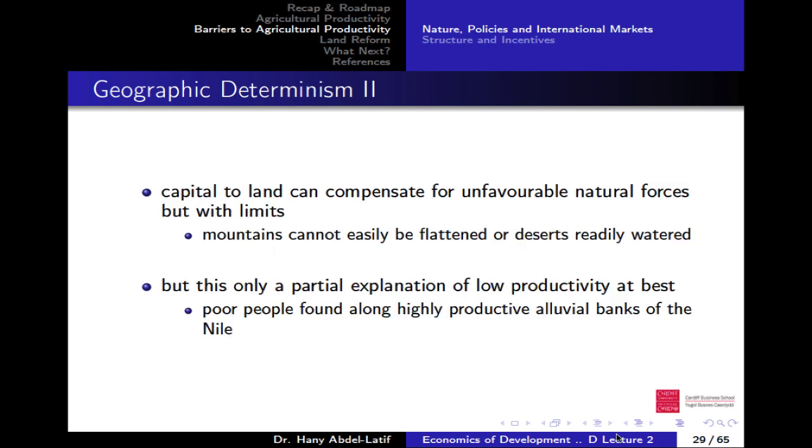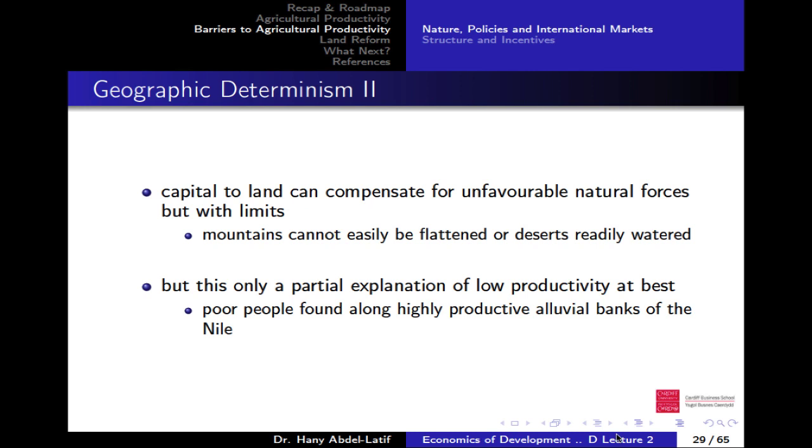Okay, so some capital can compensate for these unfavorable natural forces, but of course there are limits, because if you have a mountain, how can you easily flatten a mountain, or if you have a desert, how can you water that desert? And if you see the map of Egypt, I think we are now nearly 100 million. Recently it was 90 million people.